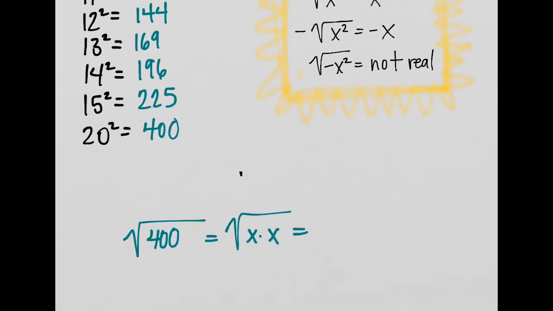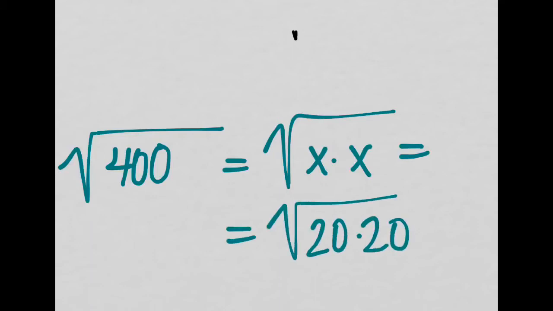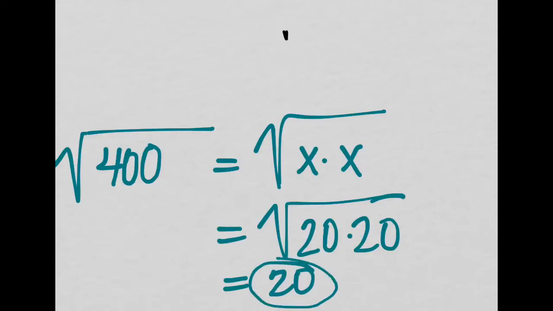In this case, it's 400. So what times itself gives me 400? Well, I know that 20 times 20 is 400. So the square root of 400 is equal to 20. You find whatever is multiplied twice, and you get rid of the radical symbol, and you keep one of them, essentially, right? Because 20 times 20 is 400.